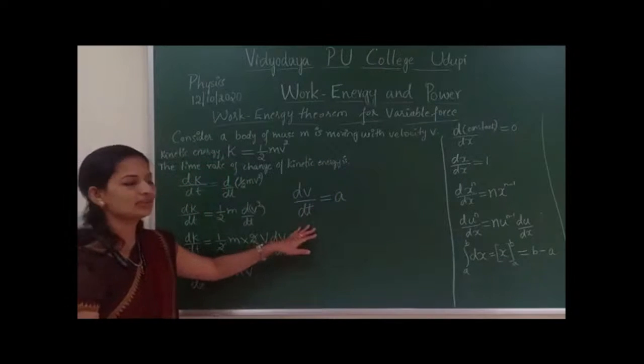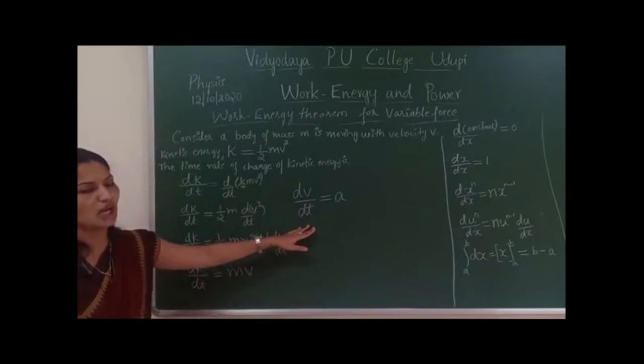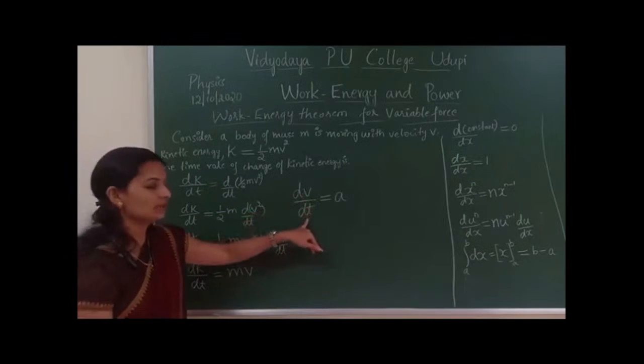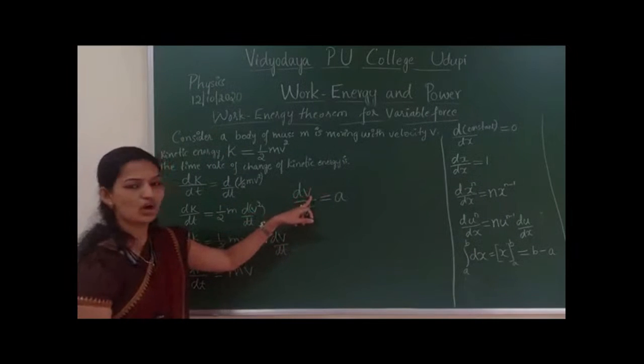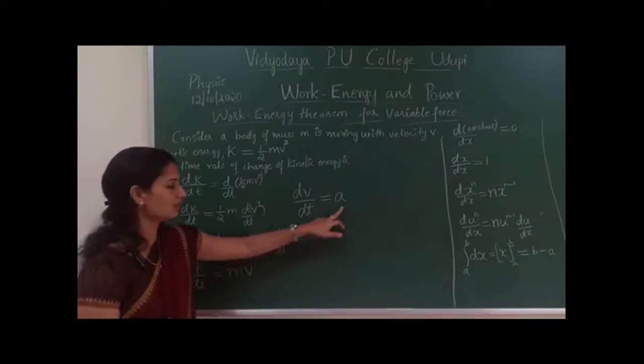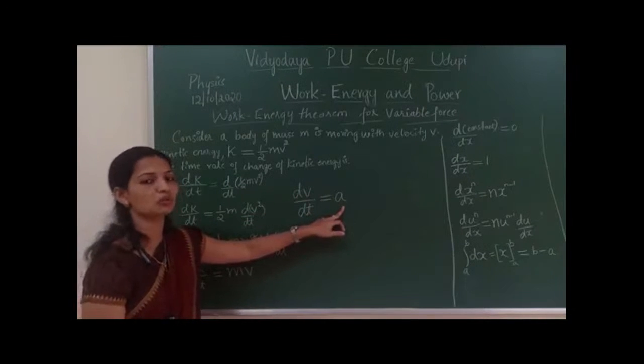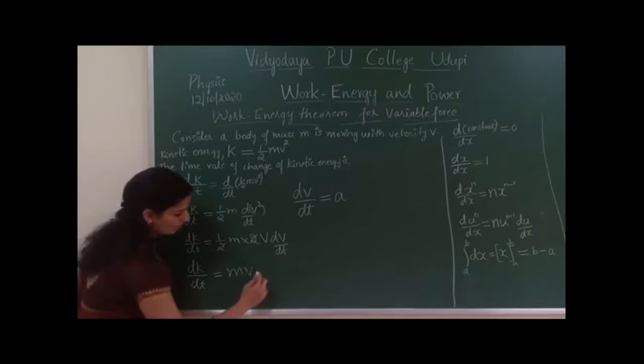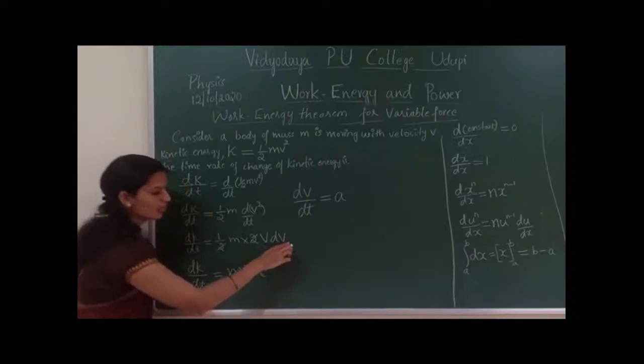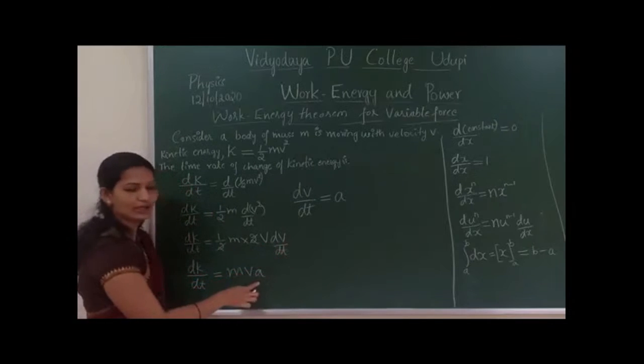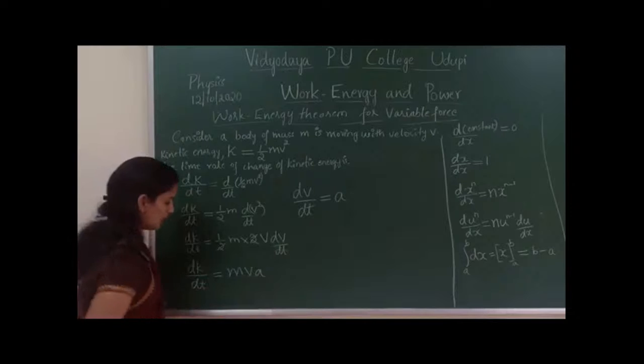You already studied it in your motion in a straight line chapter. dv by dt, the rate of change of velocity with respect to time, gives the acceleration of the body. So instead of dv by dt, I can write a.